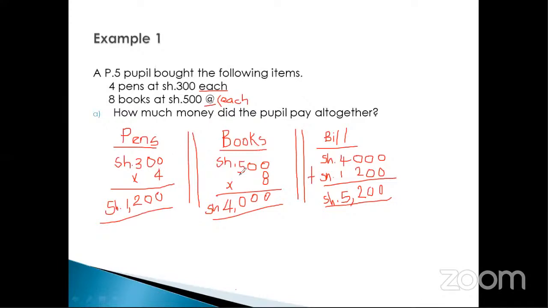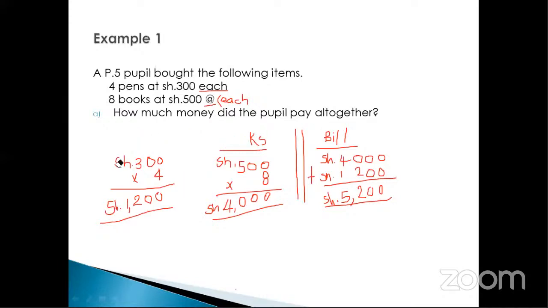On 8 books also we multiplied. The reason why we multiplied is because here they are talking of 1 book is 500. So if I need 8 books, I multiply. Here they are talking of 4 pens at 300 each. Each here means 1 pen is 300. So if I need 4 pens, I multiply. That is how you can get your total expenditure.